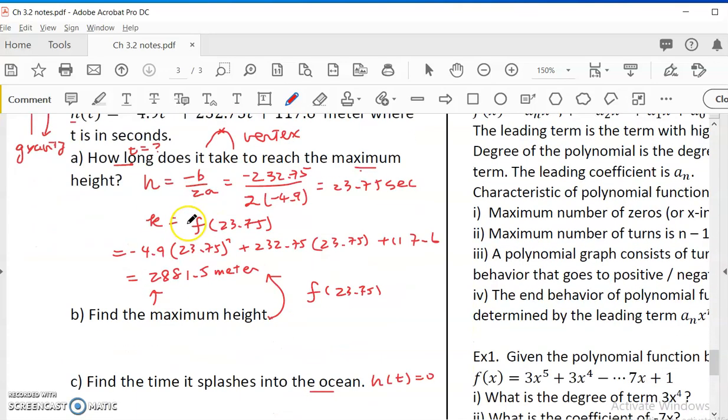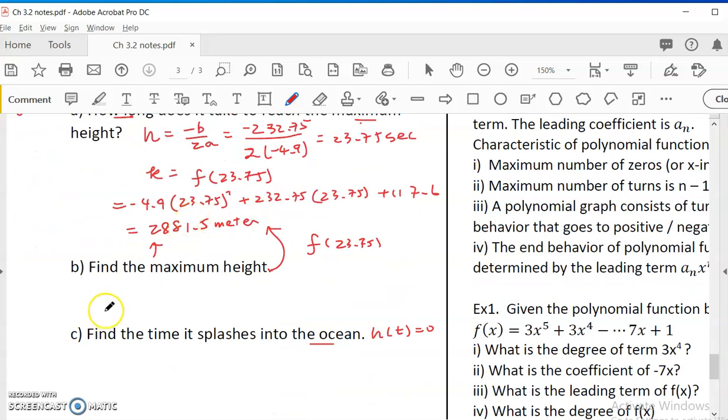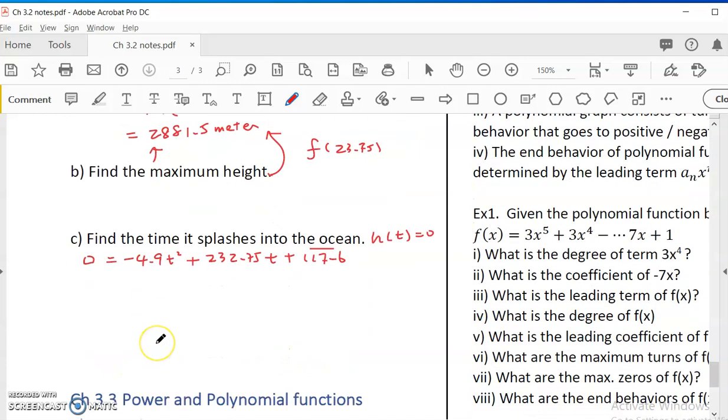So you would write the equation as negative 4.9. So y equal to 0, that means 0 equal to negative 4.9 t squared plus 232.75 t plus 117.6. We want to solve this equal to 0. No one's going to try to factor it, so let's just use the quadratic formula.